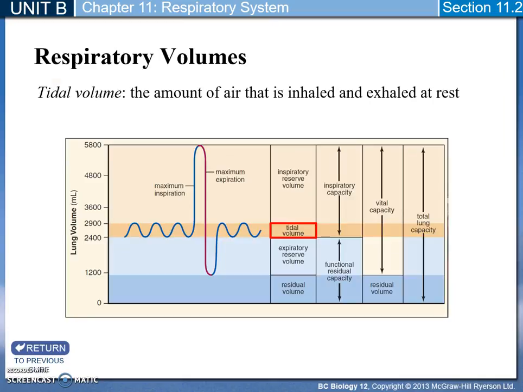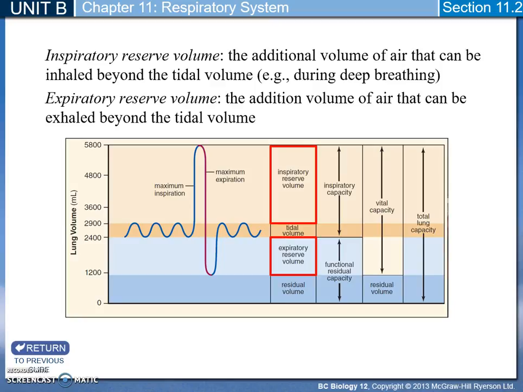The tidal volume is the amount of air that's inhaled and exhaled at rest, and for most people it'll be about half a liter, 500 milliliters. The inspiratory reserve volume is the additional volume of air that can be inhaled beyond the tidal volume, for example during deep breathing.